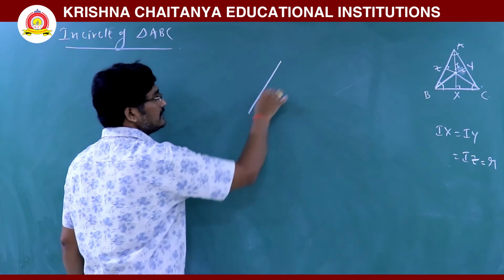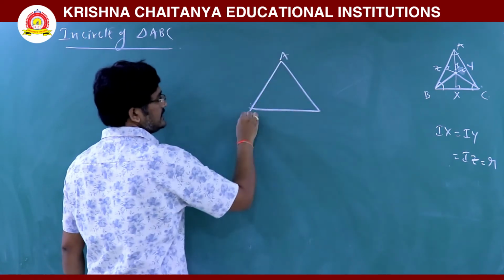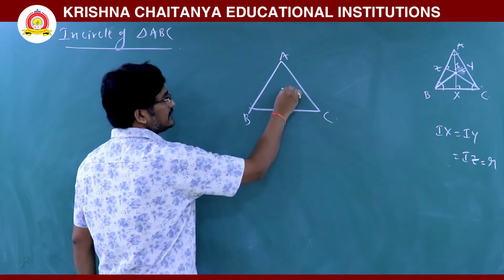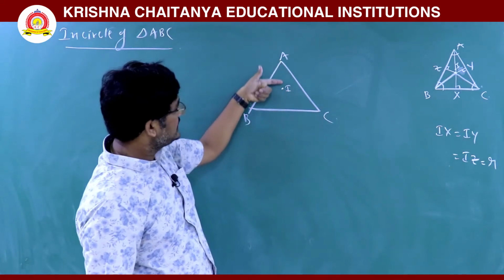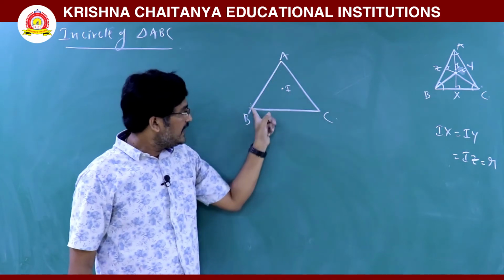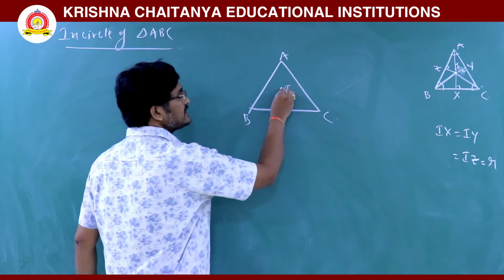Let me draw again. This is A, this is B, this is C. This is the incenter. That means this I is the point of concurrency of the angular bisector of A, the angular bisector of B, and the angular bisector of C, you know. This is the incenter. I am taking this one as the center.